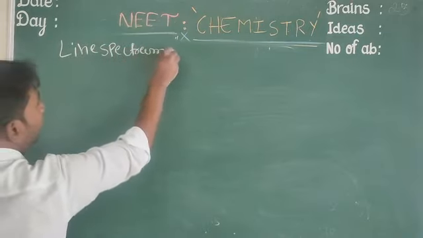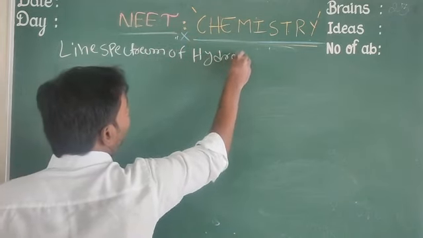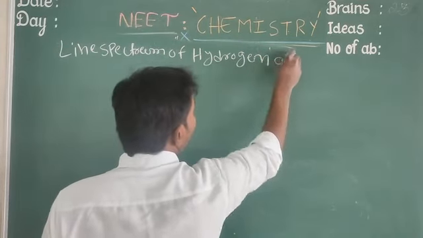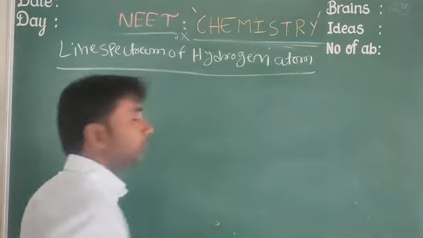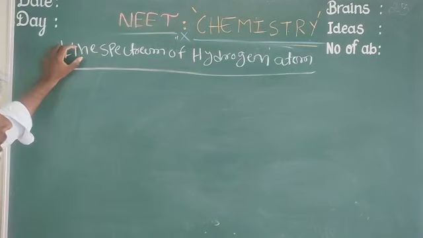Line spectrum of hydrogen atom, or atomic spectrum of hydrogen atom. So, if we observe on a spectrometer, the hydrogen spectrum splits as 6 series of lines.